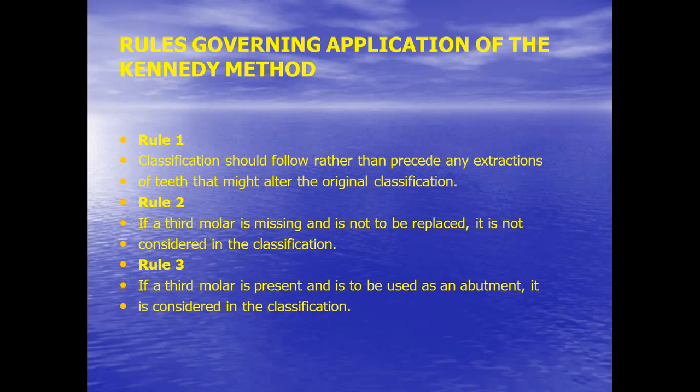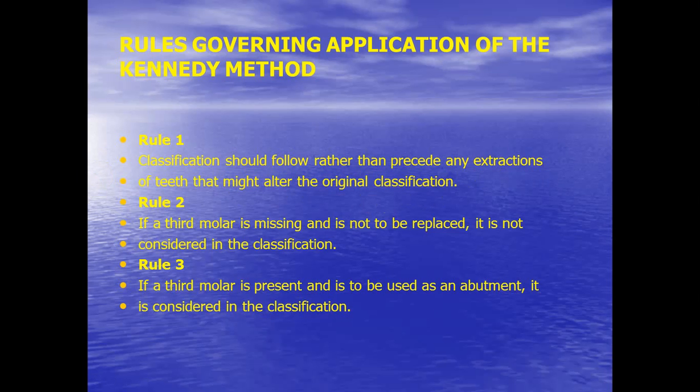And to make the use of the classification more practical, Dr. Applegate suggested some rules. So, classification should follow rather than precede any extractions of teeth that might alter the original classification.